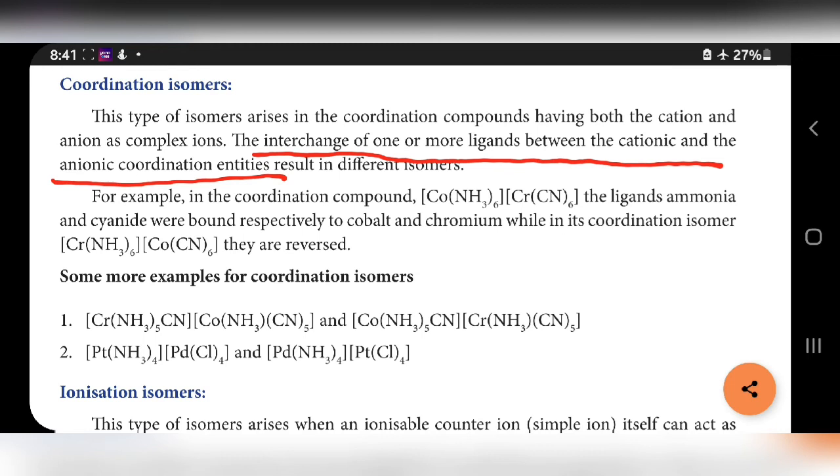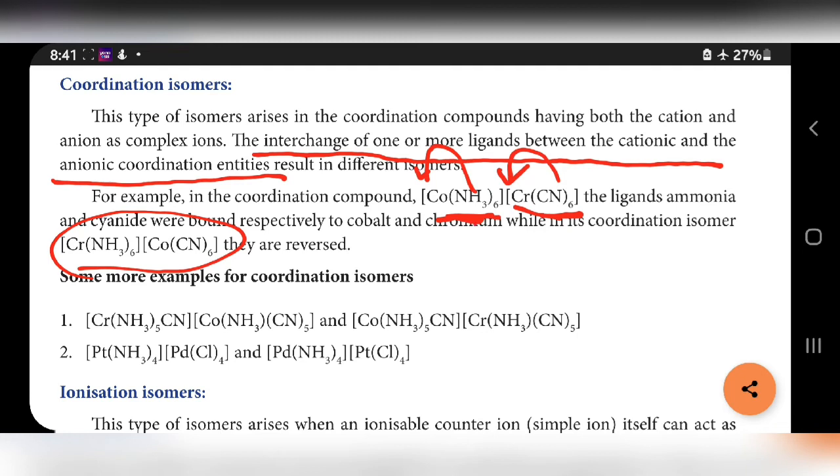So interchange, exchange takes place. For example, in the coordination compound [Co(NH3)6][Cr(CN)6], the ligands ammonia and cyanide are bound respectively to cobalt and chromium, and in its coordination isomer it is reversed.